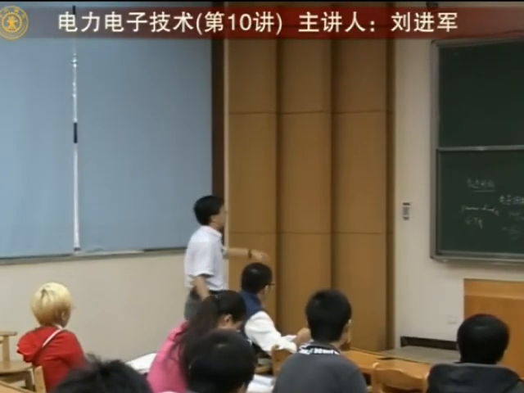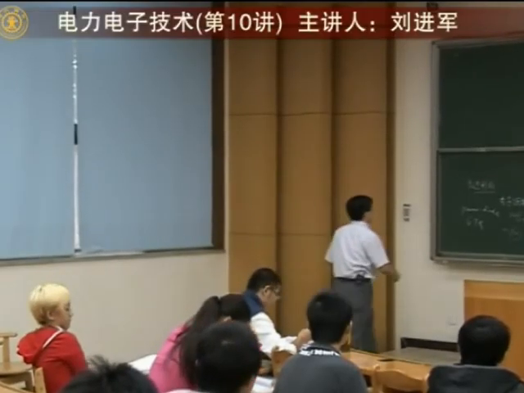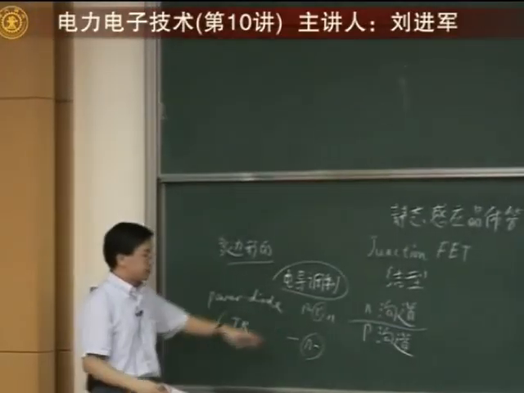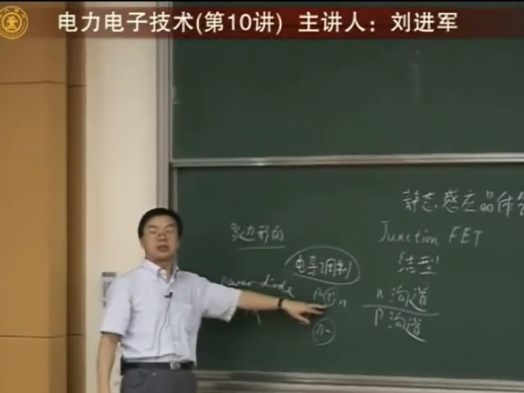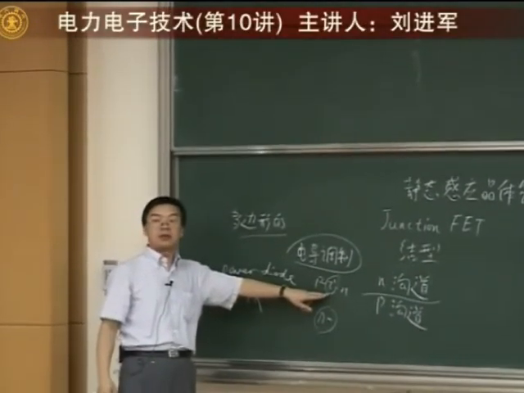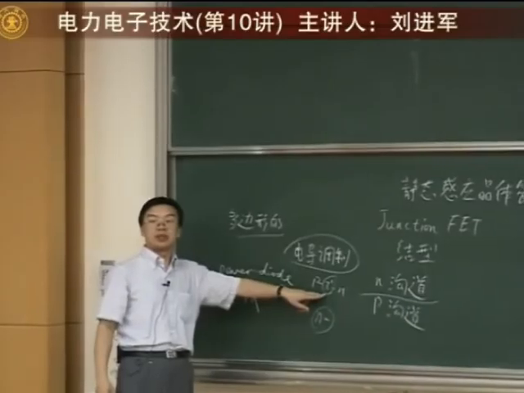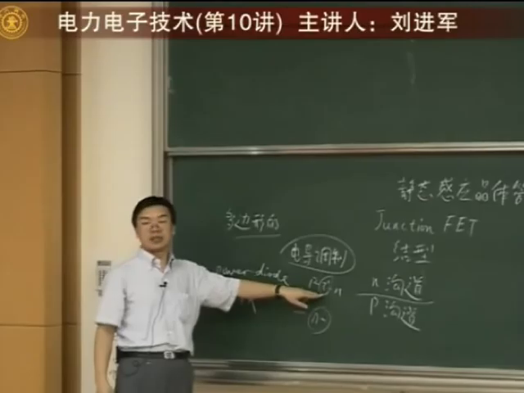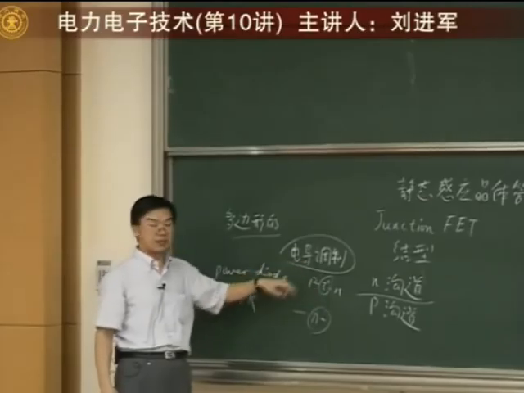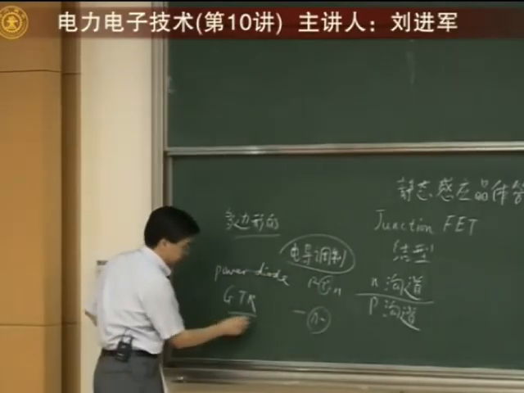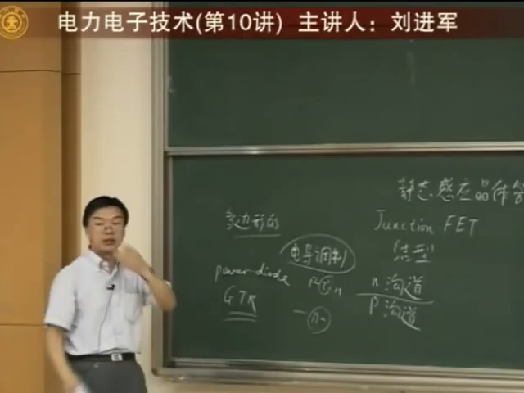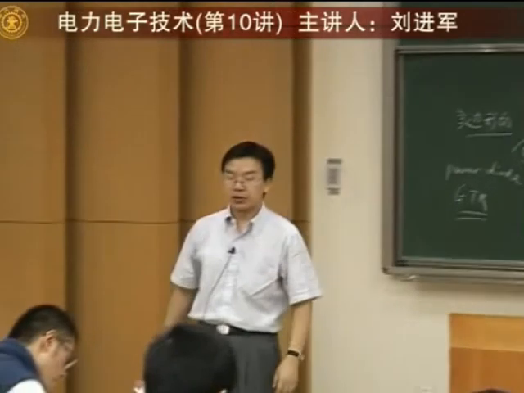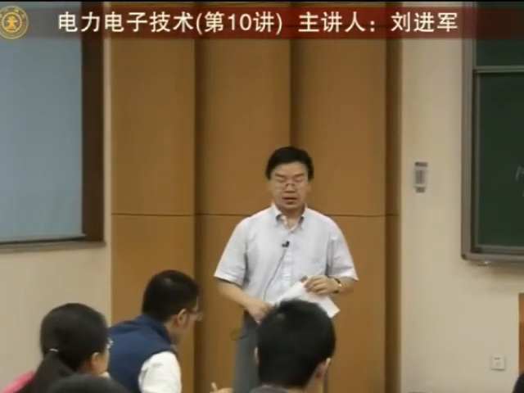That's what we call conductivity modulation. So the N- region, when under forward biased voltage, will have very high conductivity. Similar things happen for GTR. If you get into the details of the operating principle for GTR, it's similar.